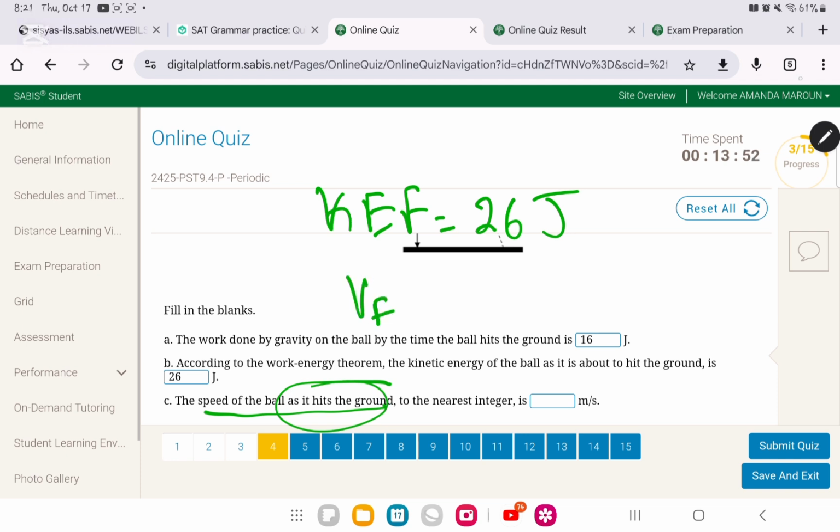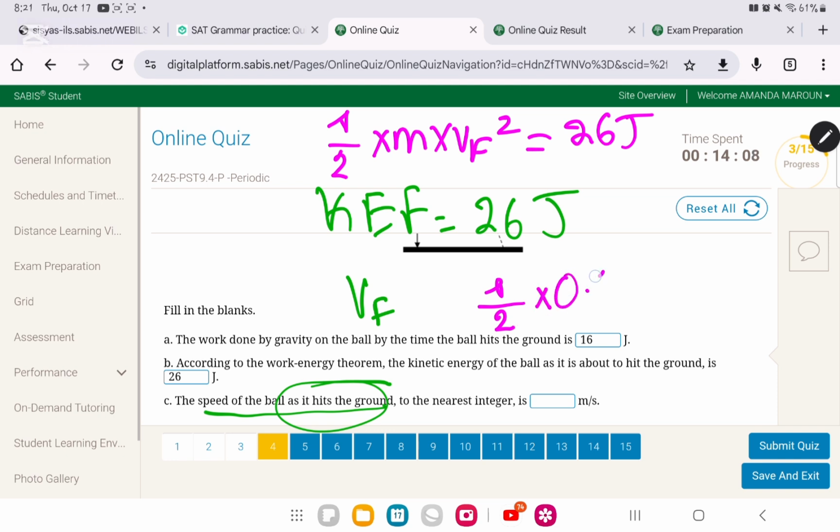To find it, we know the equation of kinetic energy final is 1 over 2 times mass times v final squared, and it is equal to 26 joules. Substitute: 1 over 2 times 0.2 kg times v final squared is equal to 26 joules.